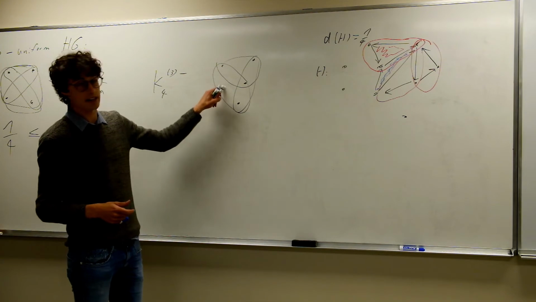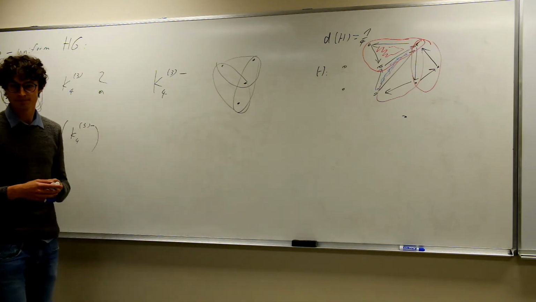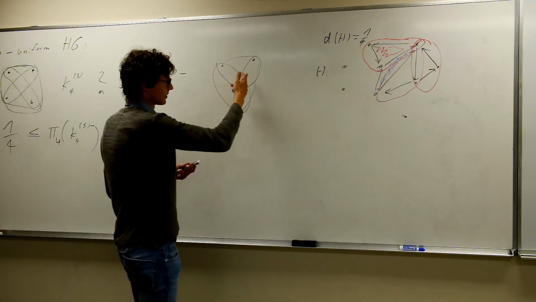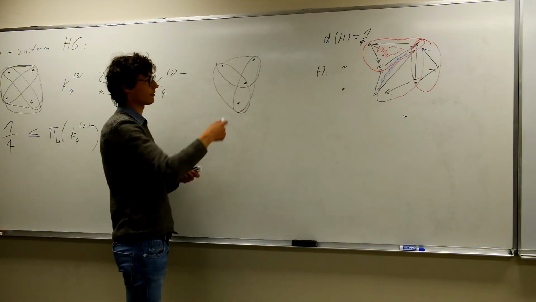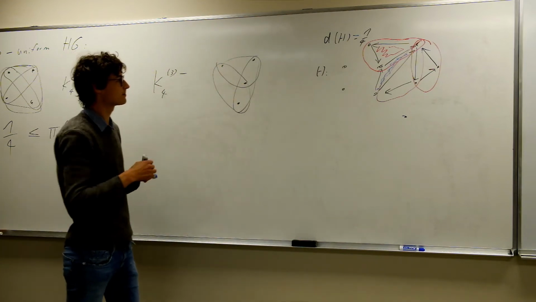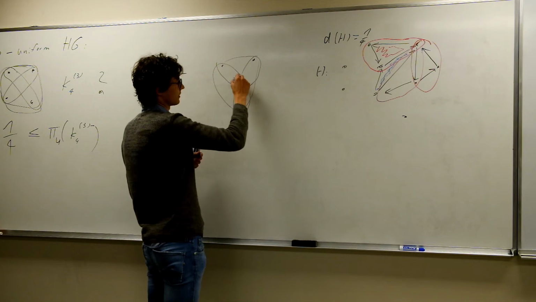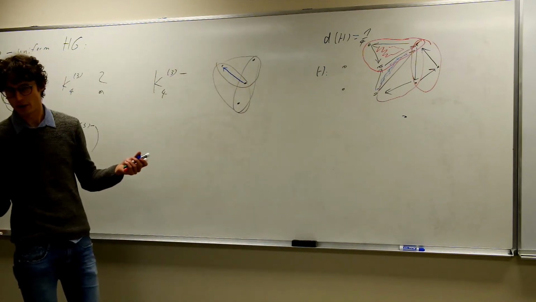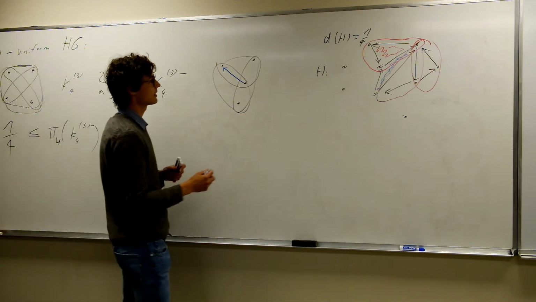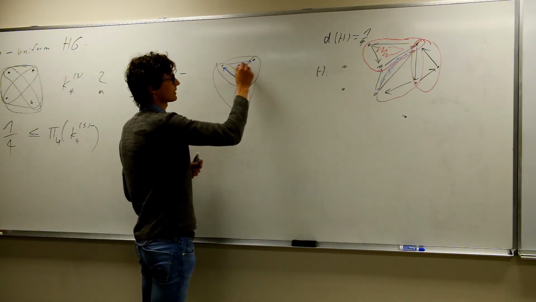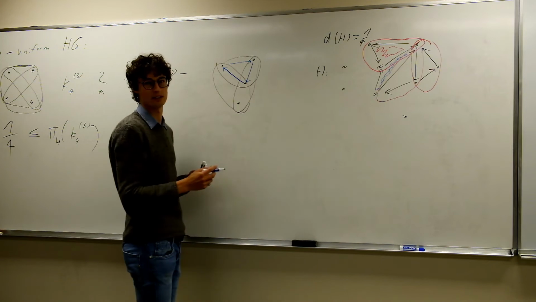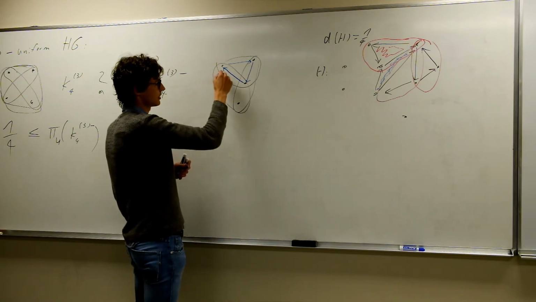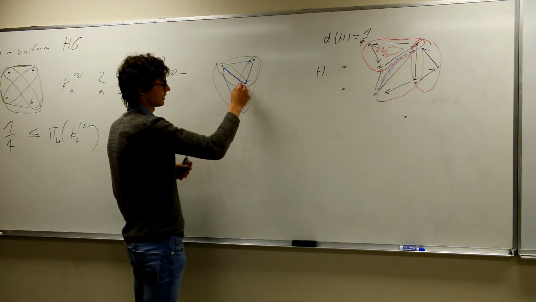And can it contain this graph? So if it contains this, I can find these 4 vertices. I consider middle vertex. This edge has one direction, either this one or the other one. But to close, or to get this edge, I have to close the cycle like this. And to get this edge, I have to close the cycle like this.